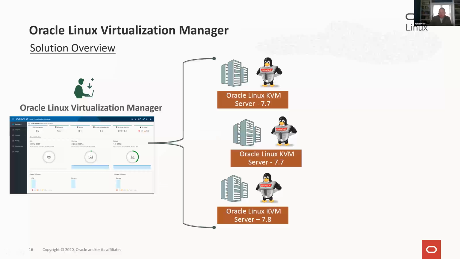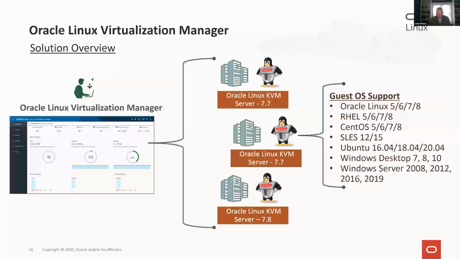But from this point, you're going to be adding your KVM host. I'm showing Oracle Linux KVM 7.7, 7.8. We also support 7.9, which is the latest Oracle Linux 7 release. You can have any number of hosts here that you want to manage from that single user interface. And then you're launching your guest VMs on top of that.